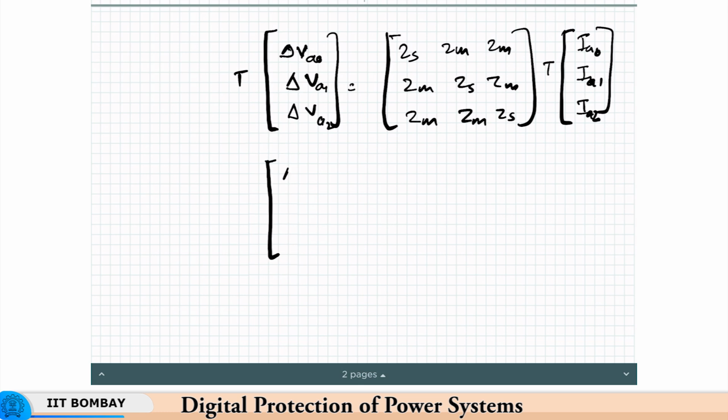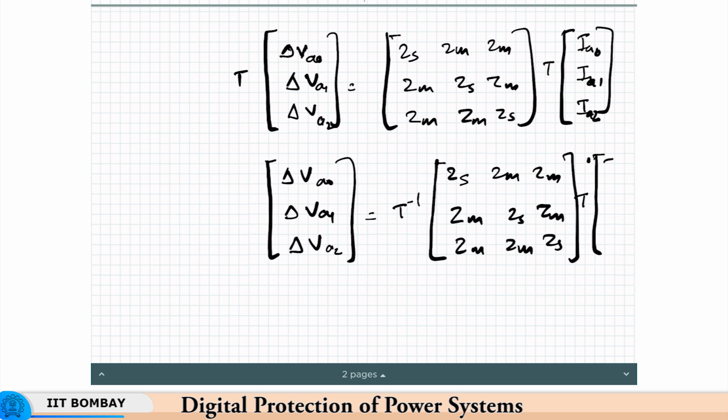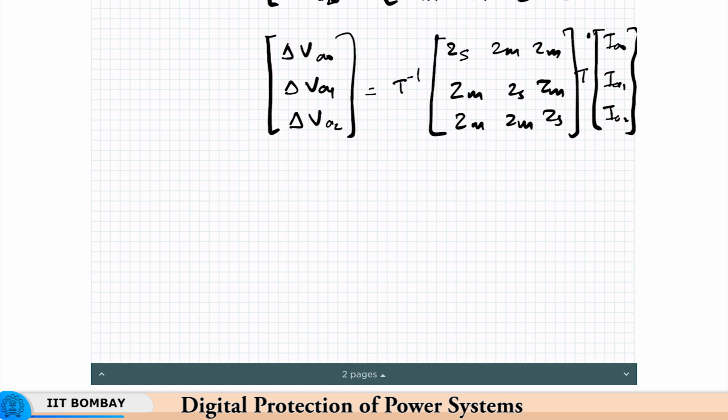If we pre-multiply by T inverse on both sides, we get T inverse into the Z matrix into T. If you solve this, it will diagonalize the Z matrix, and you should do this for yourself and see.